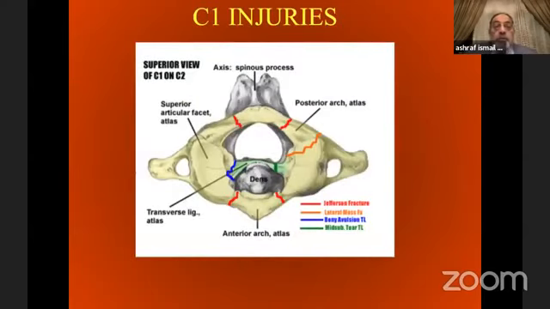Here is the ring of the atlas with the red lines indicating the Jefferson fracture, as we see, bilateral anterior and posterior ring injuries.